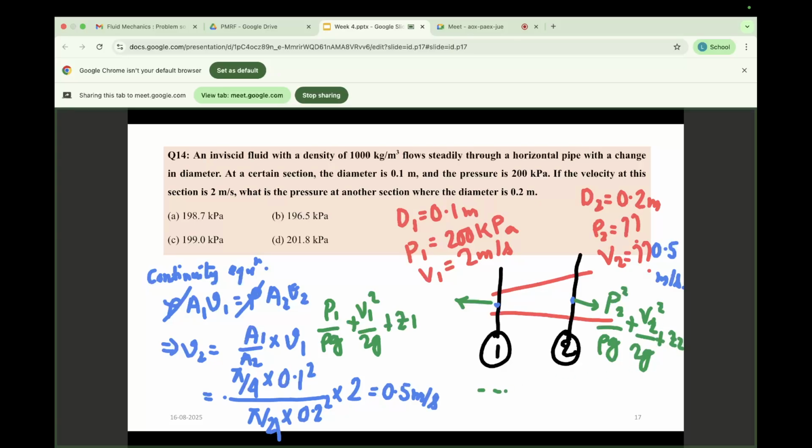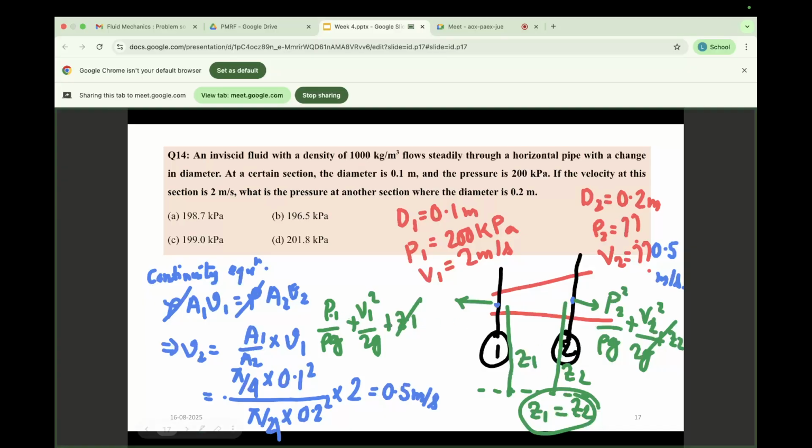See, if this is the reference line and both points are at the same height, then z1 and z2 are the same, right? So these terms are cancelling out. Okay, these two terms are cancelled.